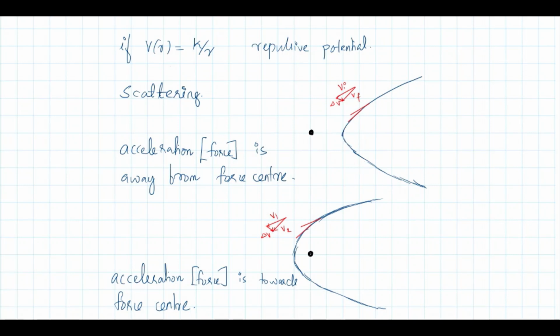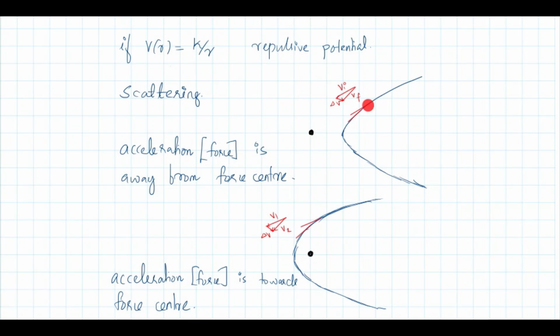But for the potential minus k by r, the trajectory will go around the force center. Here also you have a distance of closest approach. In the first case, the particle will go like this, and in the second case, the particle will move around the force center. Why?